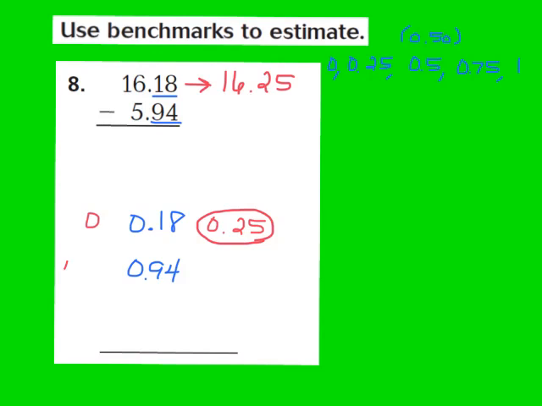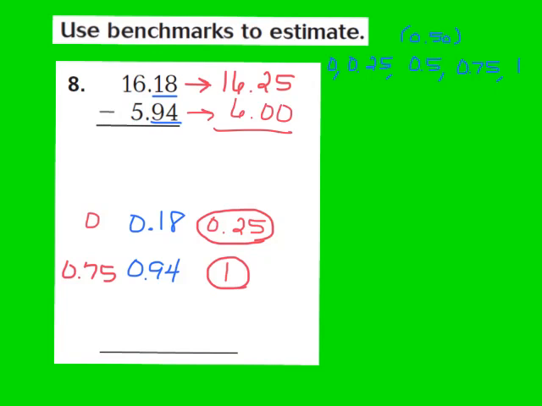So over here I have my 75 hundredths, and on the other side I have the whole number 1. And what I know is 94 hundredths is closer to the whole number 1 than it is to the 75 hundredths. So I'm going to choose that 1 as my benchmark to use in my estimation. Well, when I add 1 to my 5, what happens is 5 and 94 hundredths now becomes the whole number 6.